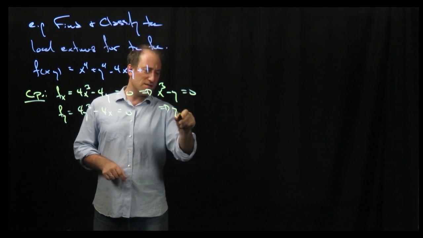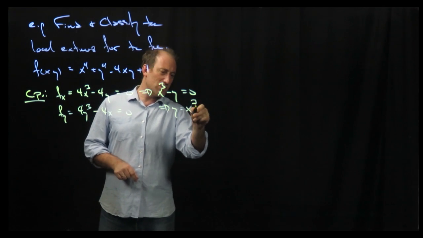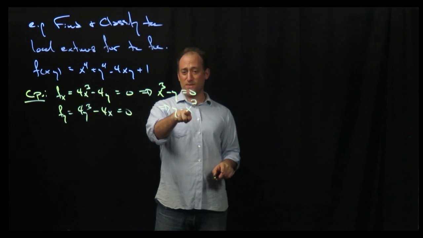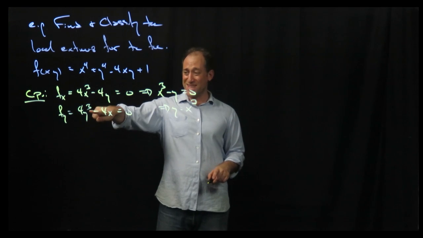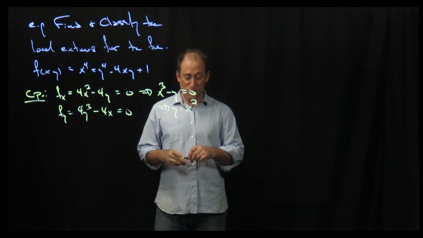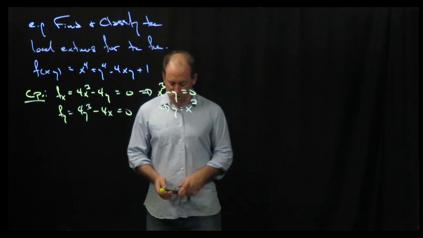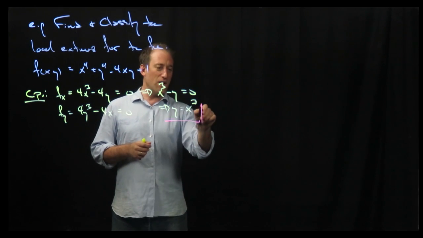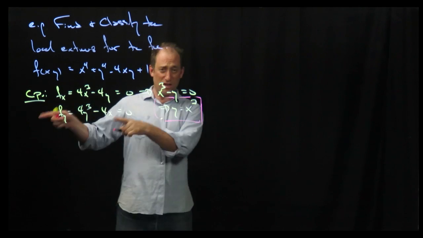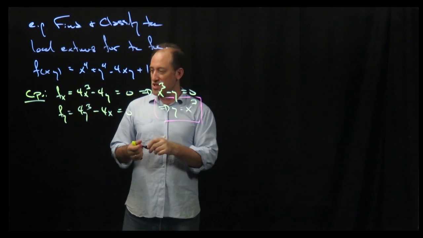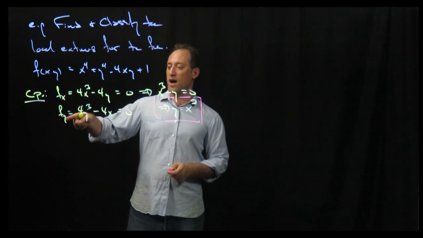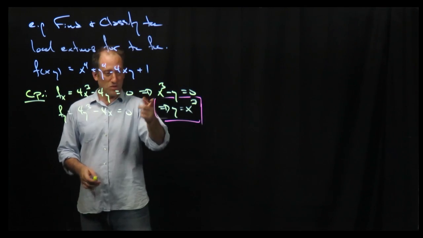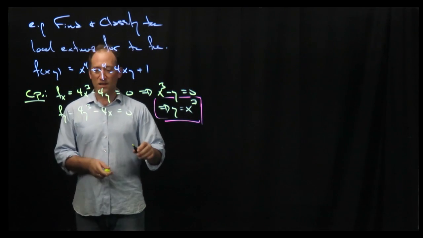This, by the way, says y is equal to x cubed. I'll use this first equation together with the second to get the critical values. So already the algebra is a bit more interesting. By the way, you could have started with the other one and plugged it into the first. Namely, you could have solved f_y for a relationship of x and y and plugged it into f_x instead of what I'm doing here, namely f_x into f_y.